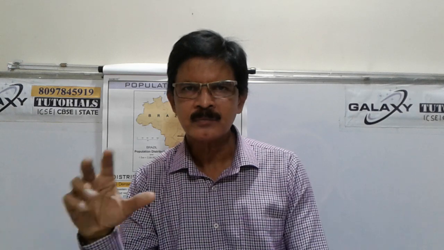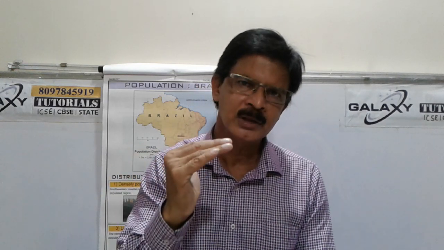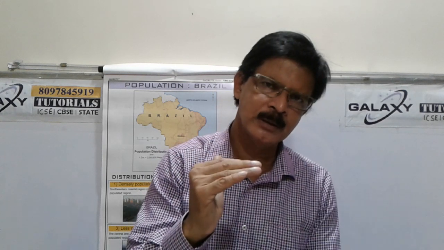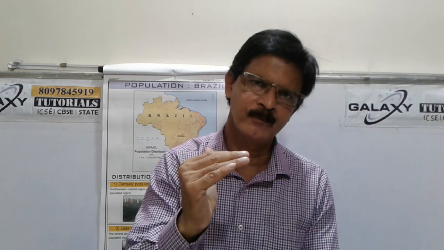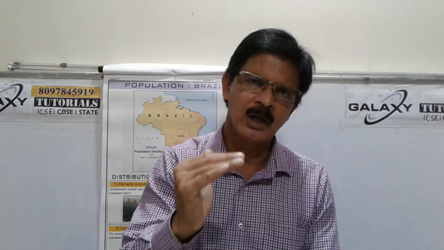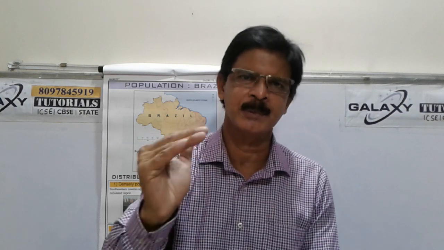If you find the average age at which the population is dying, then the average number of years a person born in a country is expected to live is called life expectancy.